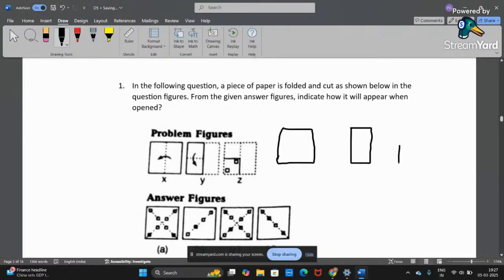Then it will become like this. Right. After that, here and here, two holes are given. Okay. Take this and this as holes.